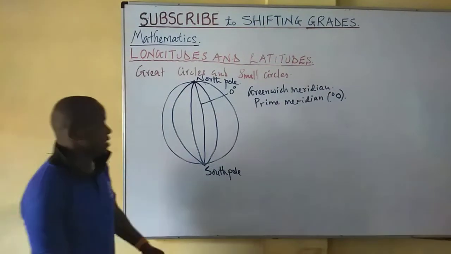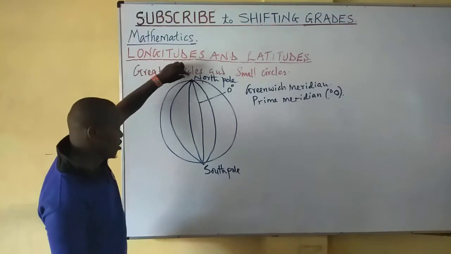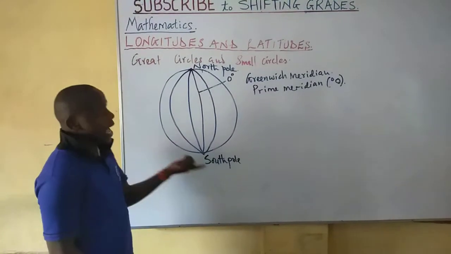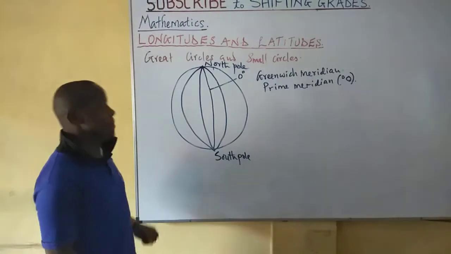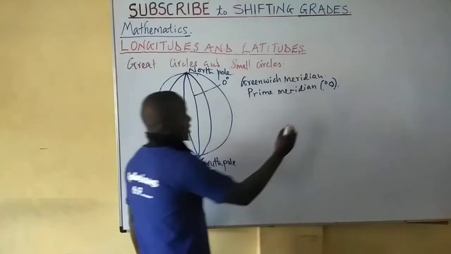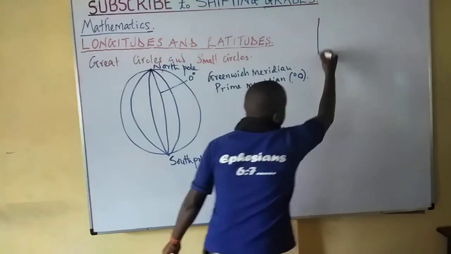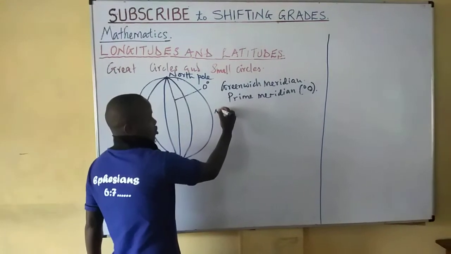Therefore, you find that meridians cutting from the north pole to the south pole are dividing the Earth into 2 hemispheres.